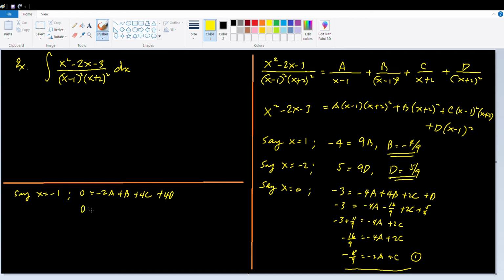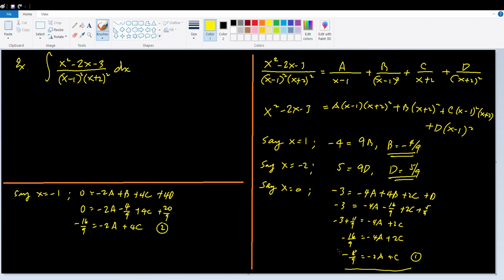So we substitute the values of b and d. 0 equals negative 2a, plus b, which is negative 4 over 9, plus 4c. 4 times 5 over 9 is 20 over 9. So negative 4 over 9 plus 20 over 9 is 16 over 9. To the left, negative 16 over 9 equal to negative 2a plus 4c. Okay, we call it equation 2.